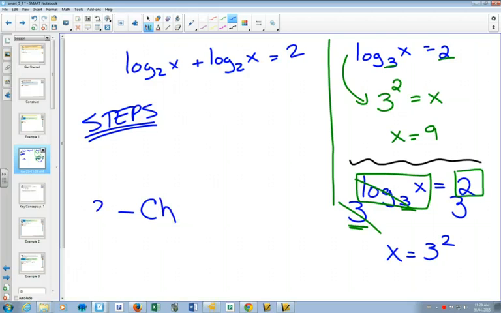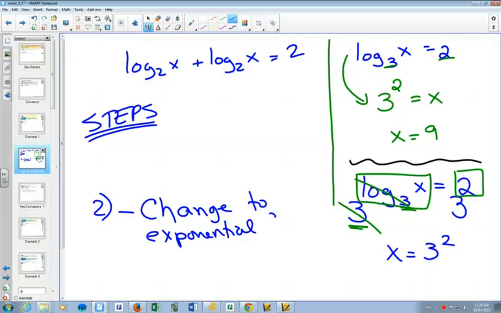In fact, it'll be our second step. But it's the most important step. And if you're trying to remember your steps, this is your goal. You want to change it to exponential form.